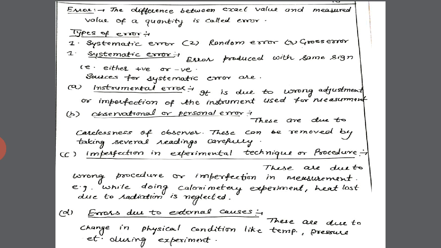For example, while doing a calorimetry experiment, heat loss due to radiation is neglected. Next is errors due to external causes. These are due to changes in physical conditions like temperature and pressure during the experiment.